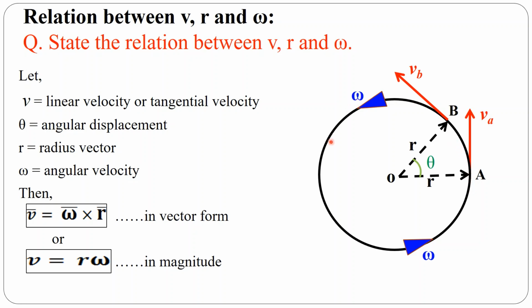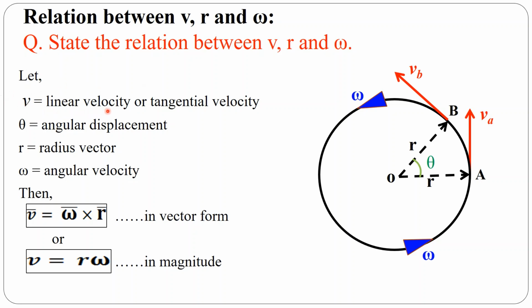As we know, a particle revolving around the circumference of a circle is nothing but circular motion. When we break that circular motion, the particle follows a tangential path in a straight line. So there is a relation between linear velocity and angular velocity.